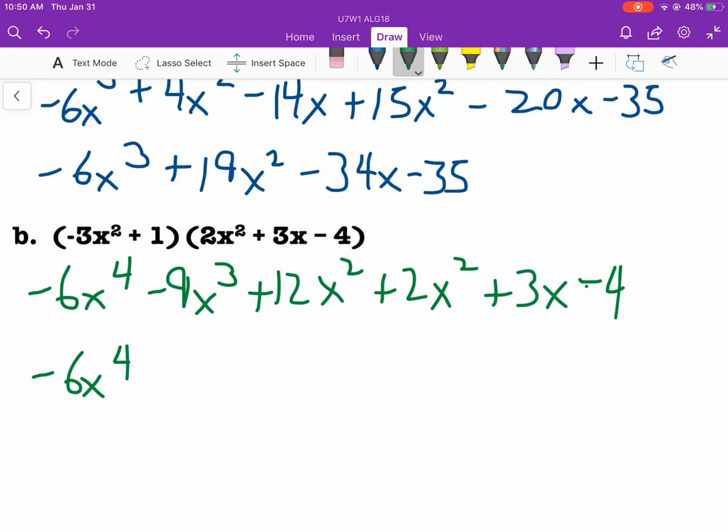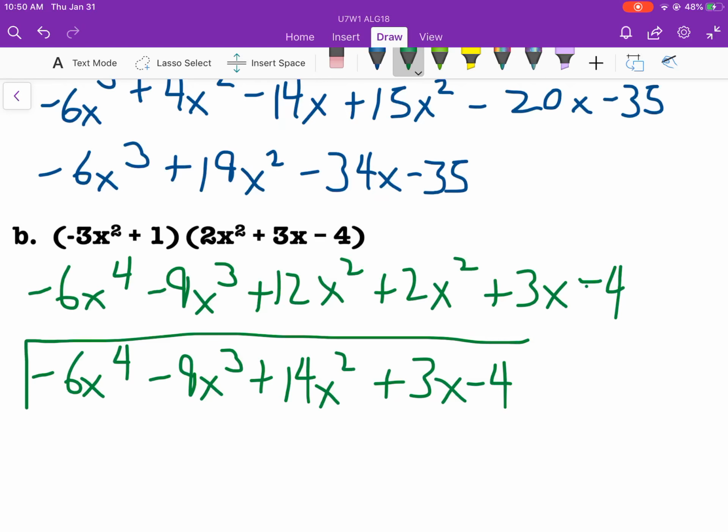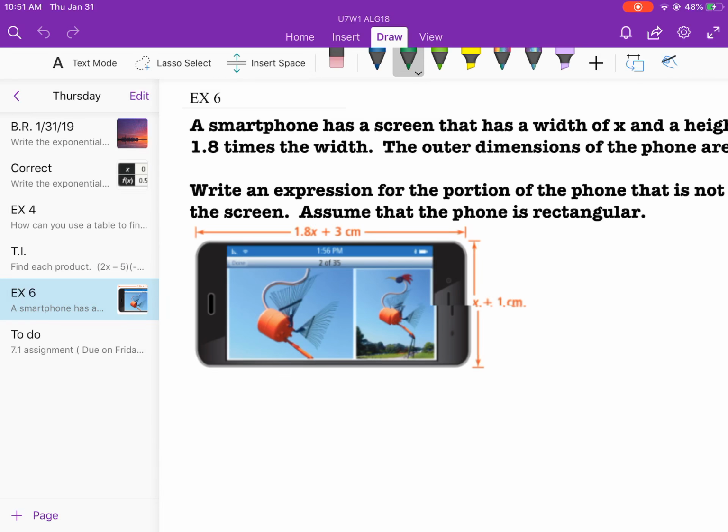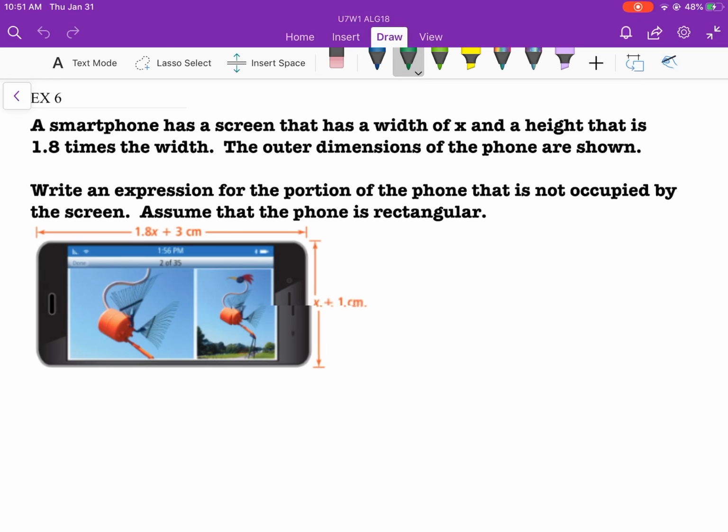Drop everything down, combining what's the same, and have yourself a multiplied polynomial. And again, if you like using the table, that is a much easier way to visualize it than trying to do it like that.